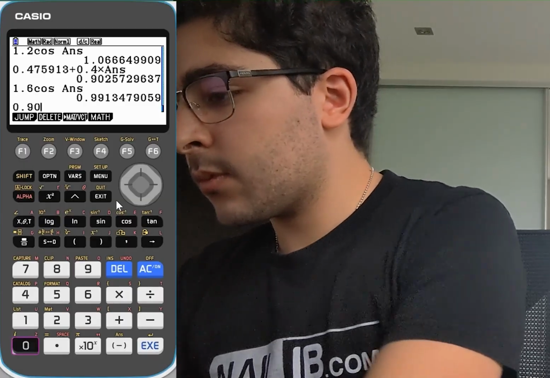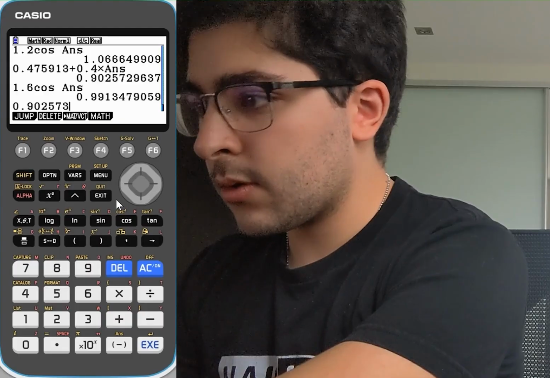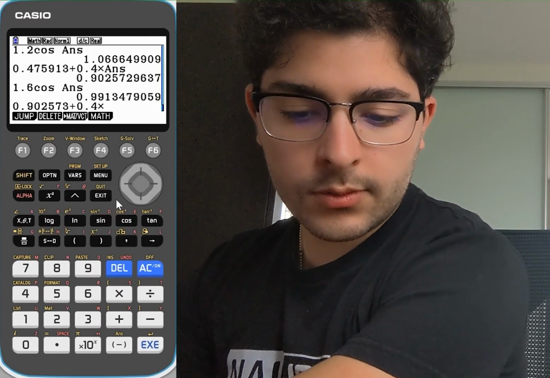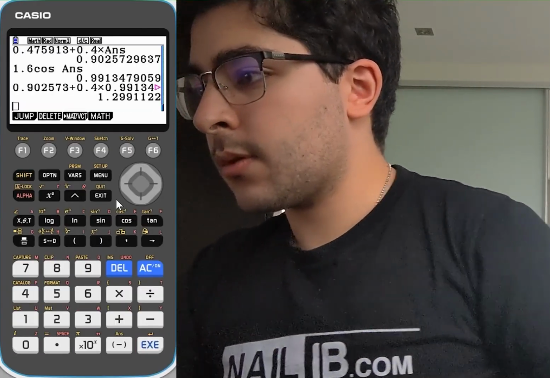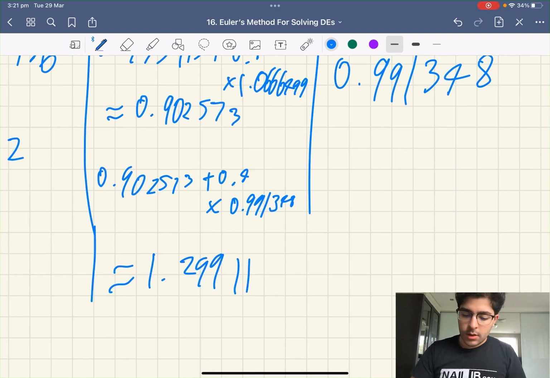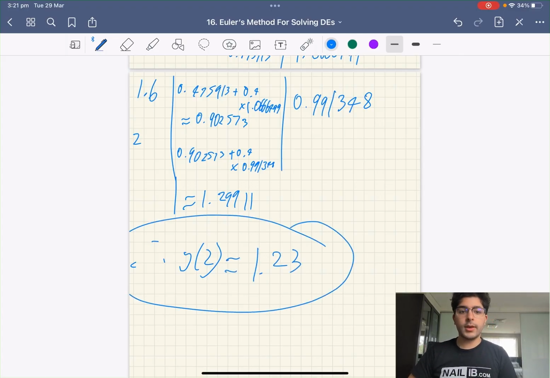Putting that all in, we get roughly 1.299 2991211. Therefore, now we can round to three significant figures. y of 2 is approximately equal to 1.23, and there we go.